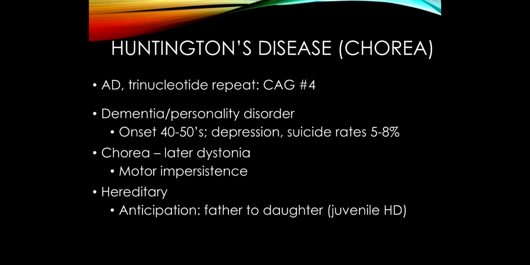So, like all the trinucleotide repeats, we may have anticipation where the trinucleotide repeats accumulate through successive generations, and this is especially prominent in transmission from father to daughter. And in pathology, they will talk about spermatogenesis and the mechanism of this.